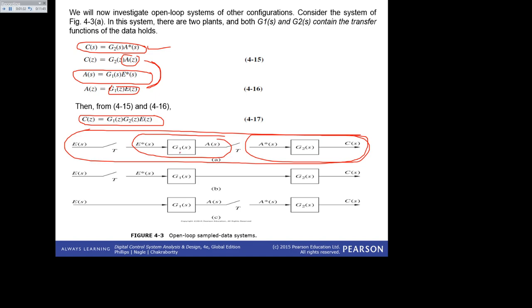As easy as that. So now let's look at the second open loop sampled data system. The transfer function now, C(S) will be G2(S) G1(S) E asterisk S, which is here.